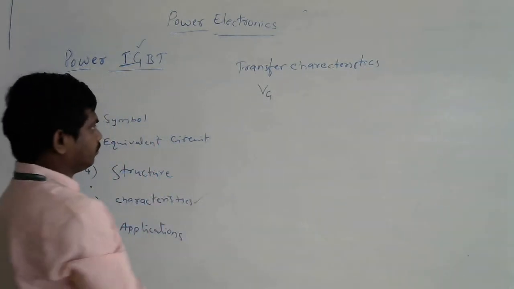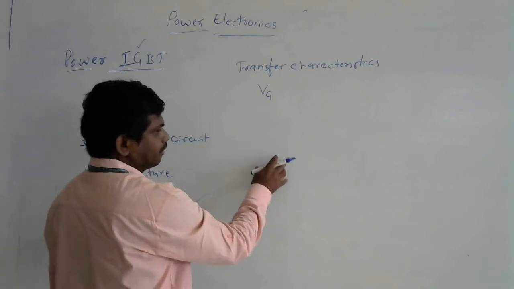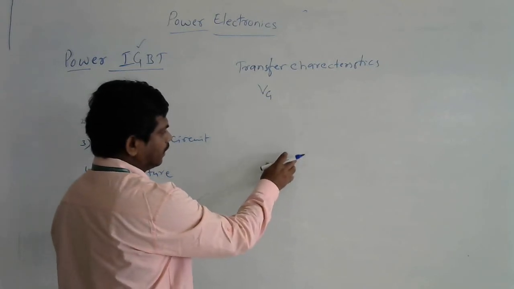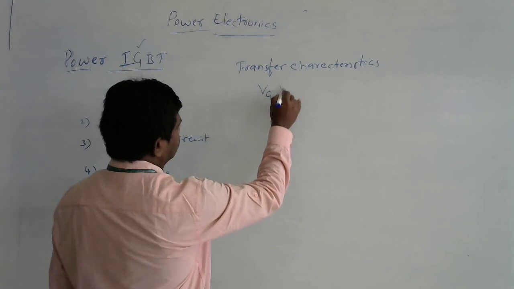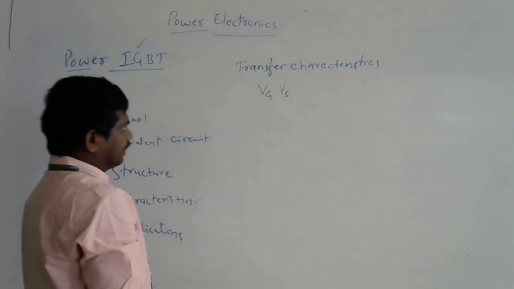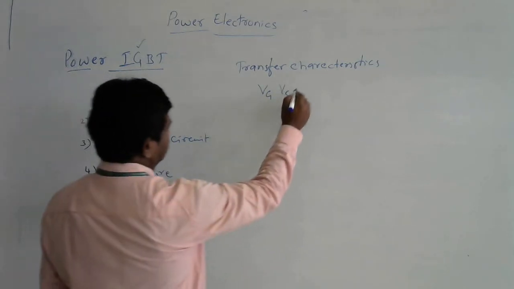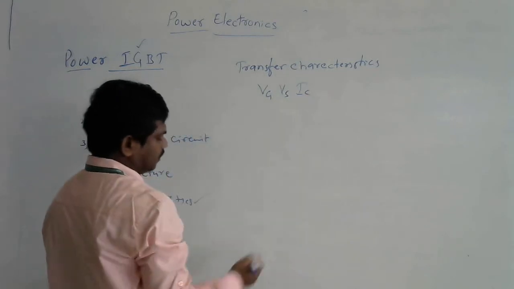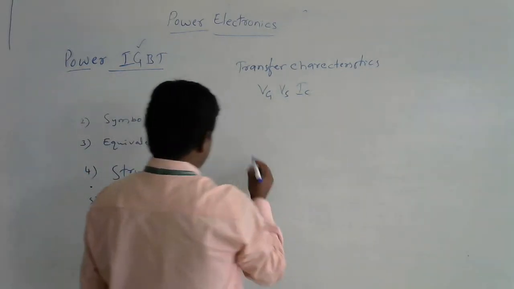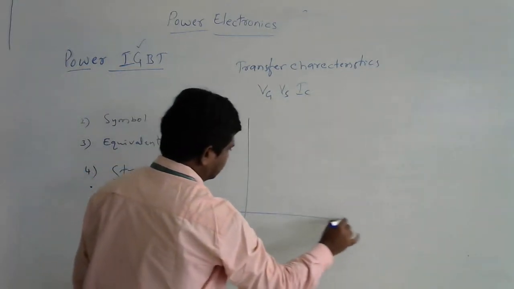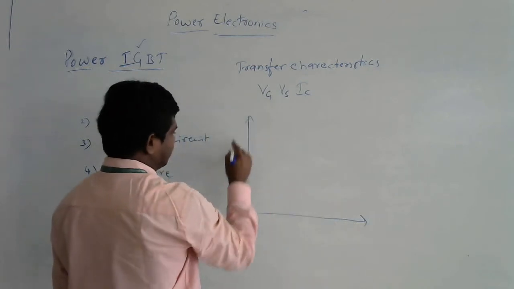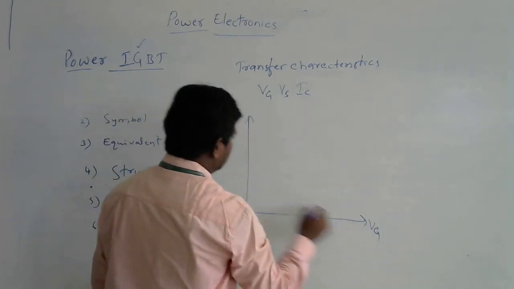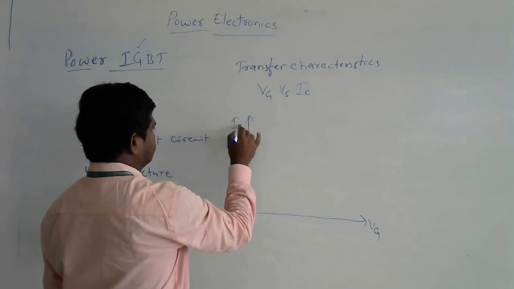Gate voltage, because gate and emitter are the input terminals, and emitter and collector are the output terminals. So input gate voltage versus output current. When you draw this, we have it like this: on the x-axis I am taking VG, on the y-axis I am taking IC, the collector current.